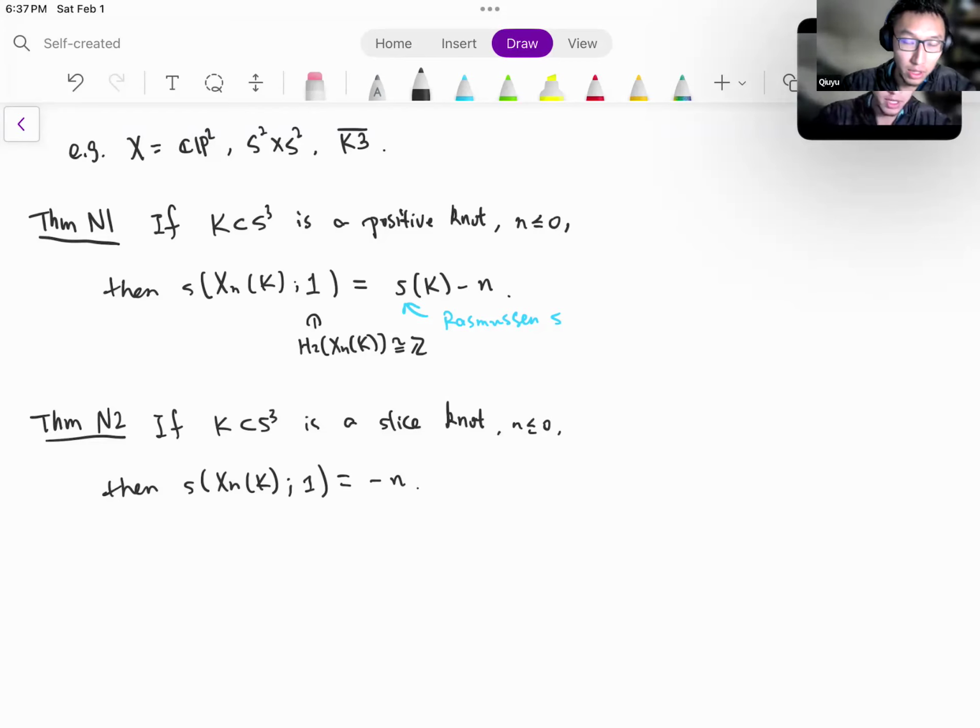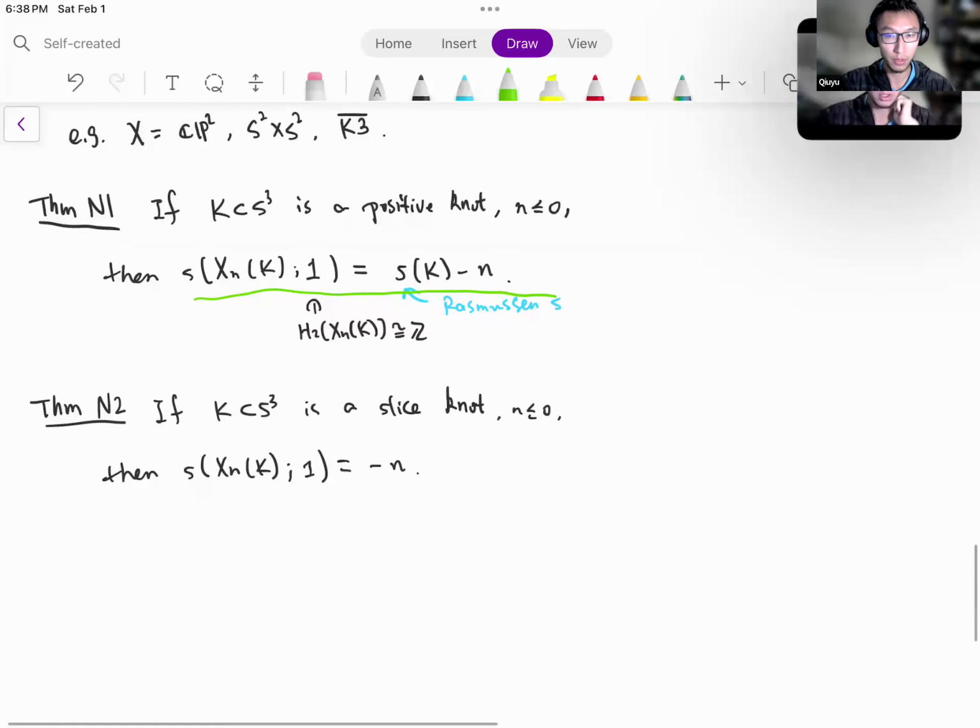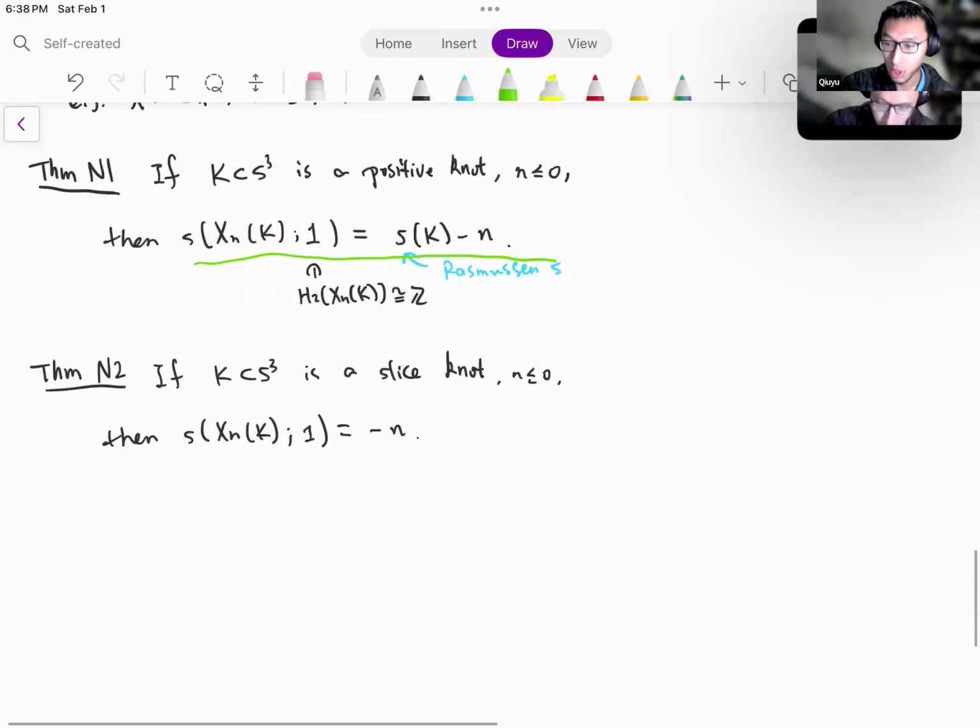So I could have said that if a knot is either a positive knot or a slice knot, then the same formula above applies. I guess this formula in green applies to both cases. But anyway, those two theorems are proved somewhat differently, so I prefer to state them separately.